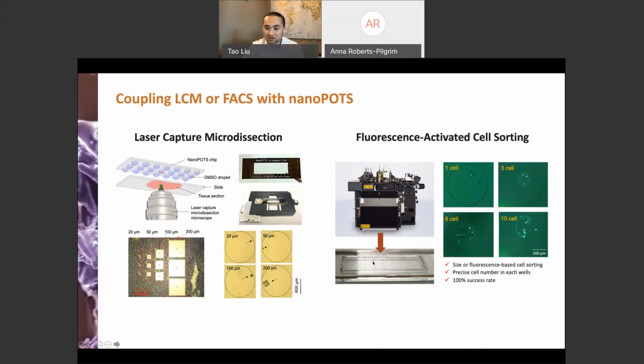You just need to adjust the nozzle space and flow rate in order to dispense a certain number of cells into a given nanowell. We can also couple it to laser microdissection. In this case, we utilize DMSO, which gives us a higher surface tension. You can deposit DMSO droplets in the nanowell chip, reverse it, and use it to capture the laser shots.